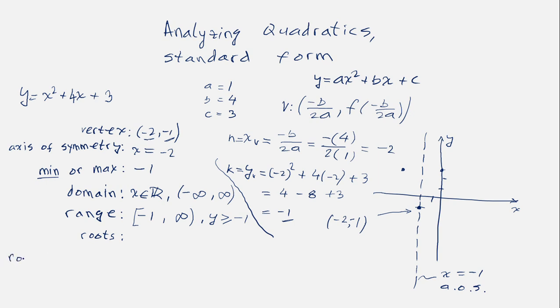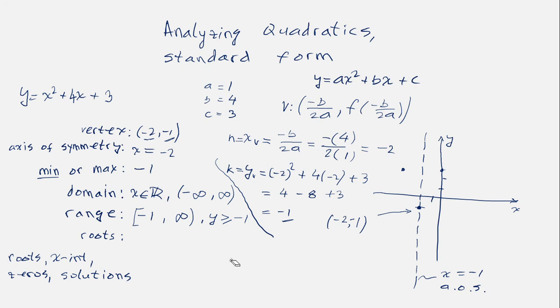So roots in our situation here means the same thing as x-intercepts, which means the same thing as zeros, which also means solutions. So depending on which software you're using, which calculator you're using, they might call it different names, but all these names mean the same thing. So that's one way to find the roots, to graph it and then find where the graph hits the x-axis, and that would be it.